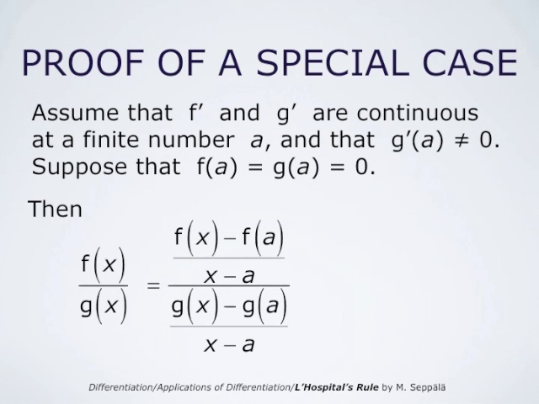After this rewriting, we see that in the numerator we have the difference quotient for f at a, and in the denominator we have the difference quotient for g at a. So the limit as x approaches a is the derivative of f at a divided by the derivative of g at a. And this is L'Hopital's rule. So this is a simple justification of L'Hopital's rule in this special case.